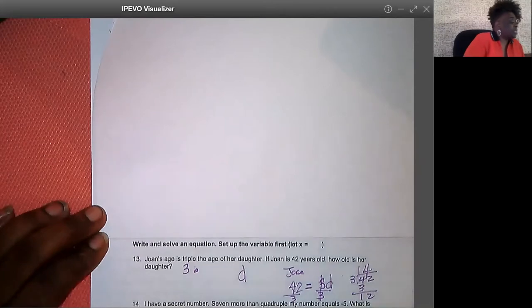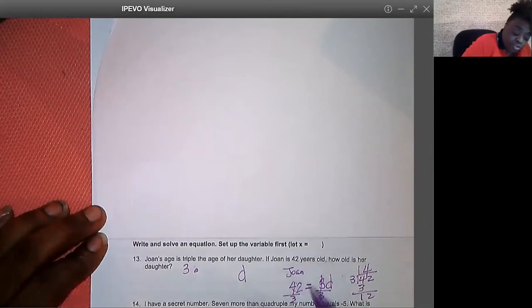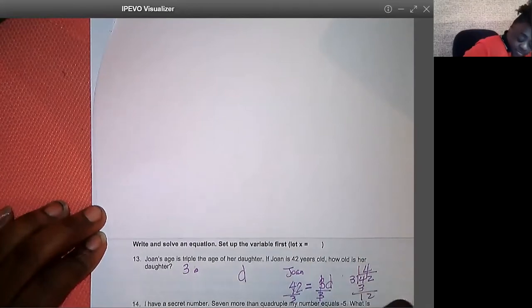So our next one is number 14, which says, I have a secret number. 7 more than quadruple my number equals negative 5. So we have our negative 5. It says it's equal, and we don't know what the secret number is. So it says, if I have a number, 7 more than triple my number.